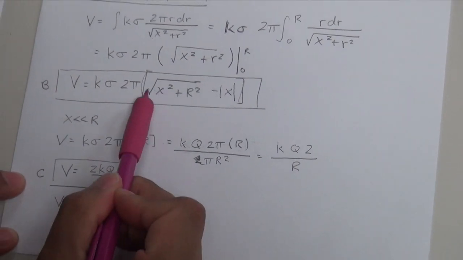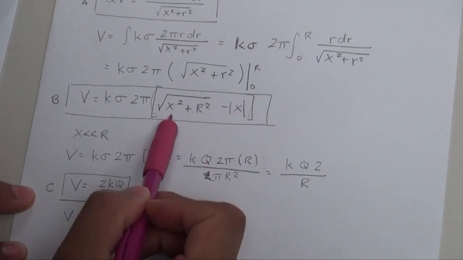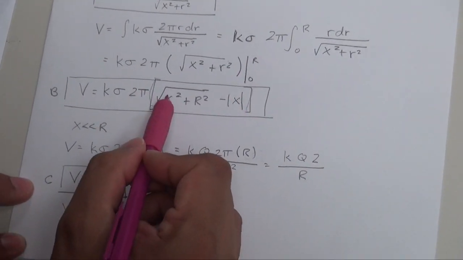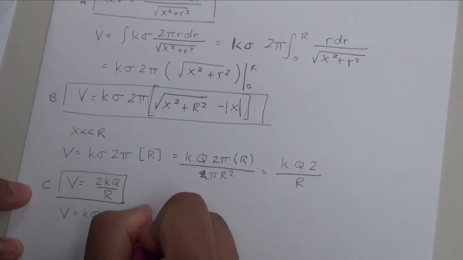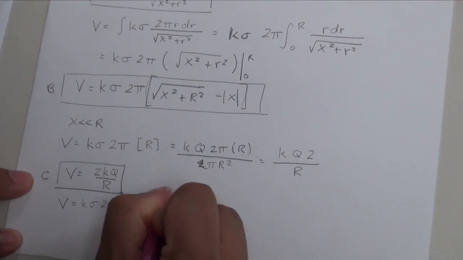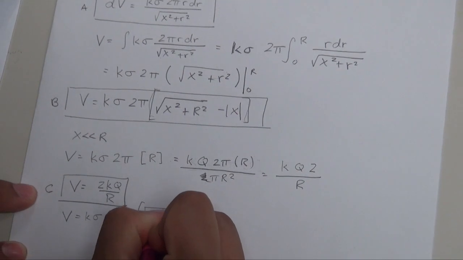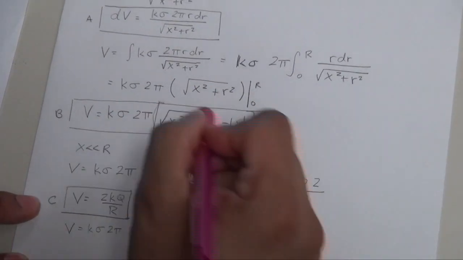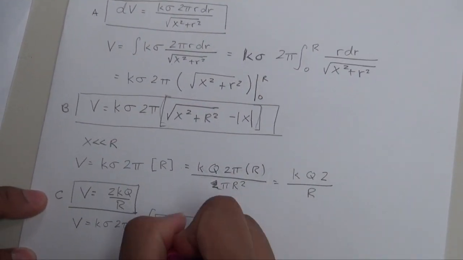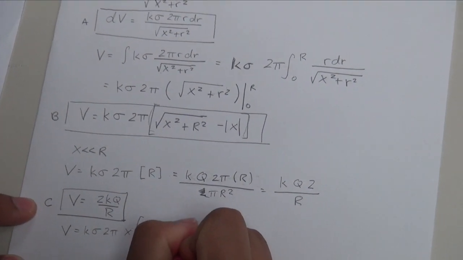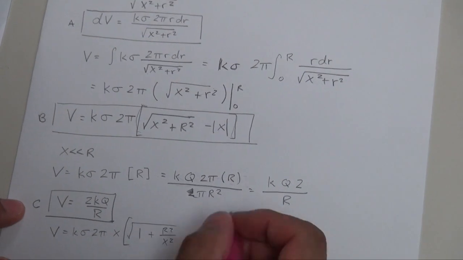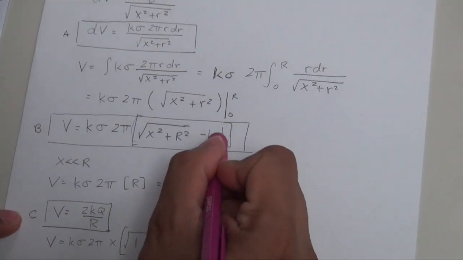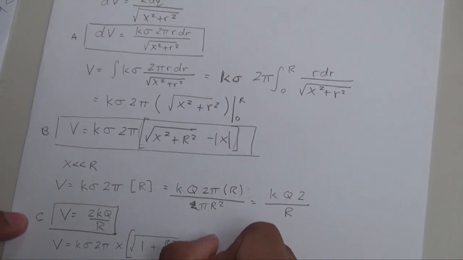Now since we're dividing by x squared across this whole thing, the square root of x squared becomes x times the square root of 1, because we're dividing by x squared inside the square root, plus r squared divided by x squared. Now the square root of x squared is x, so we're dividing this part also by x, which will equal a 1.